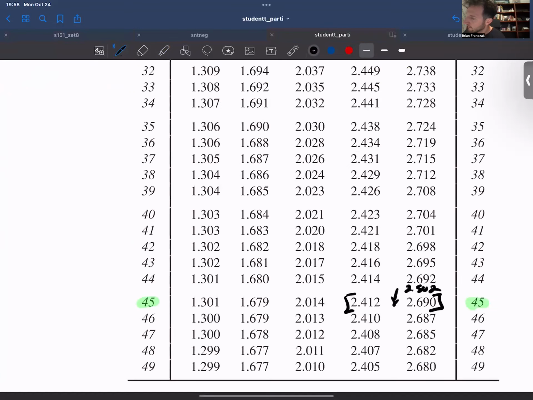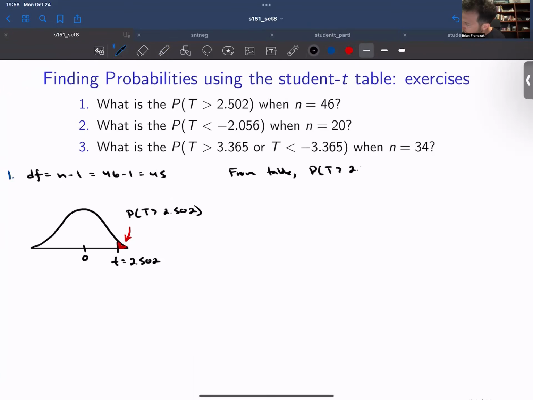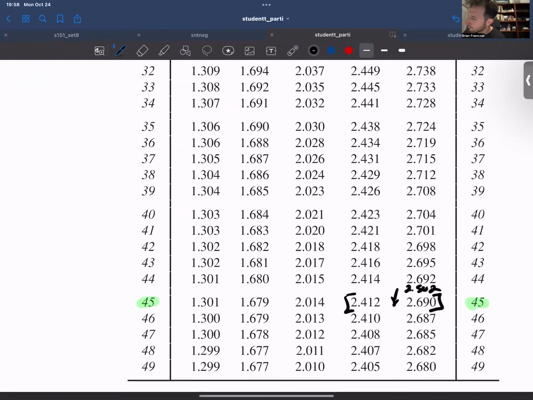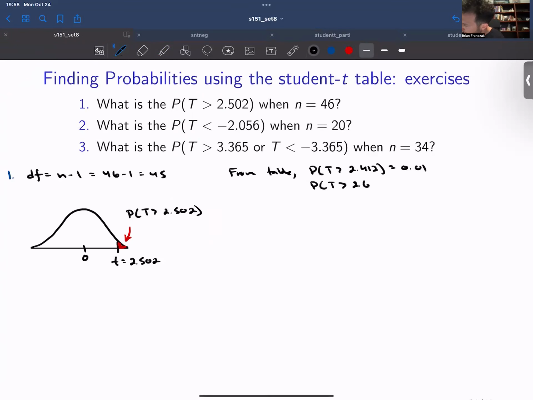The probability that t is greater than 2.412 is equal to 0.01. And the probability that t is greater than 2.690 is equal to 0.005.